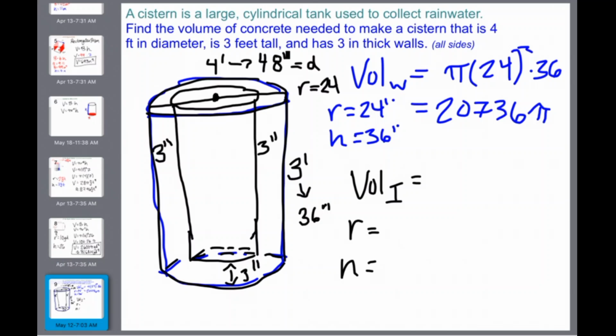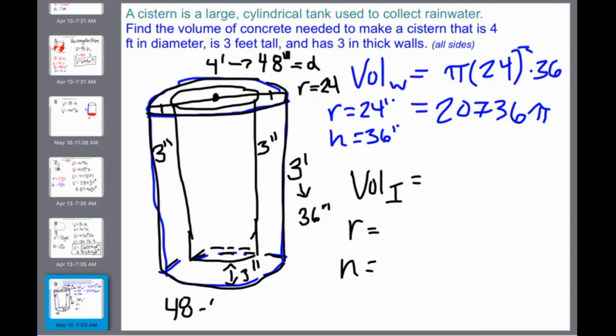So we need our radius. If we take a look at our diameter, the diameter of the big one was 48 inches at the top here. And we're basically shaving off 3 inches on either side at the top here.